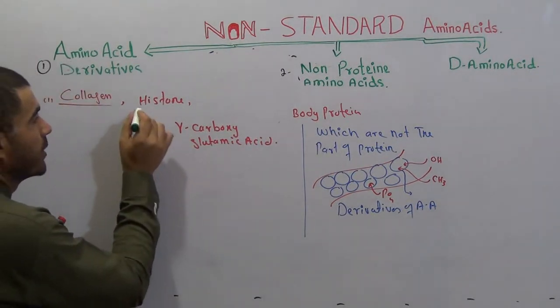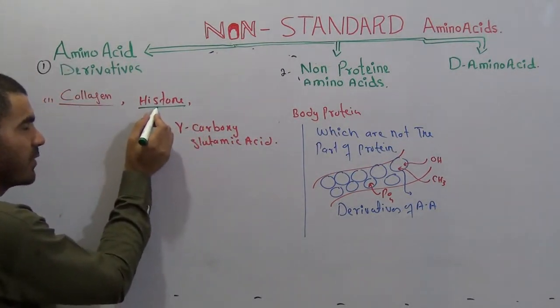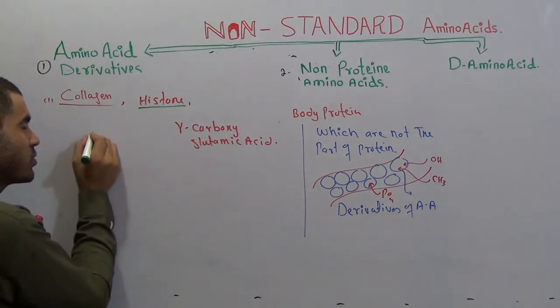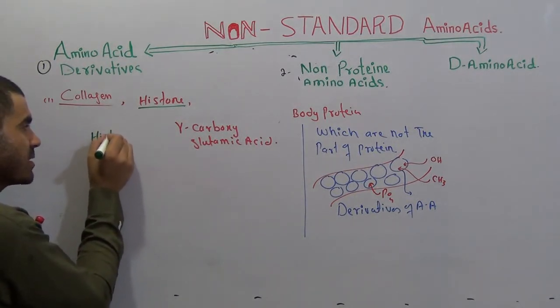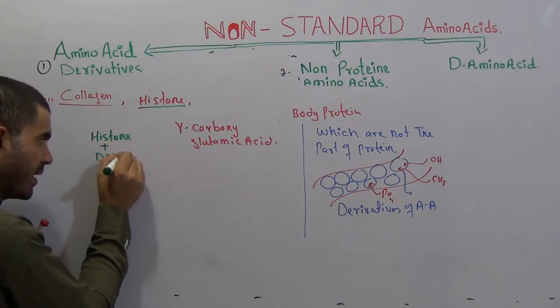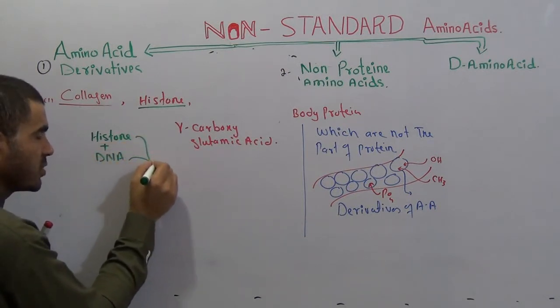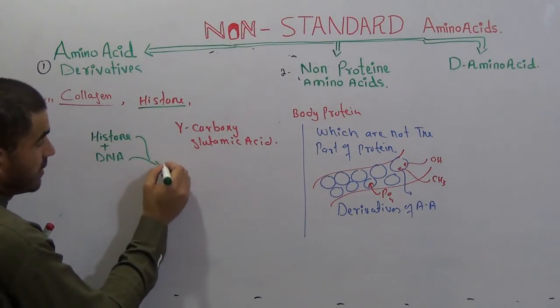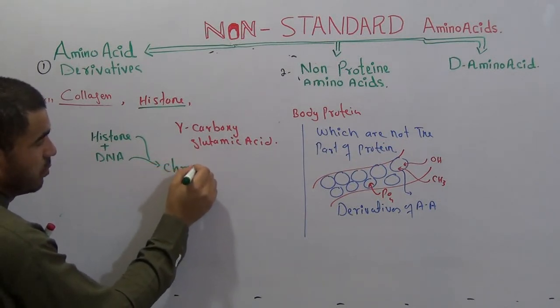Histone is a very special protein. Why? Because a histone protein is attached with our DNA, and when DNA and histone are attached together, they make chromosome.